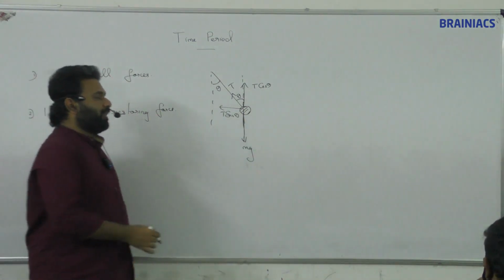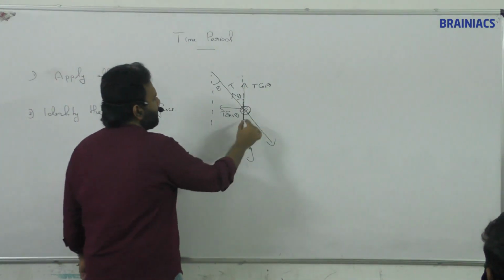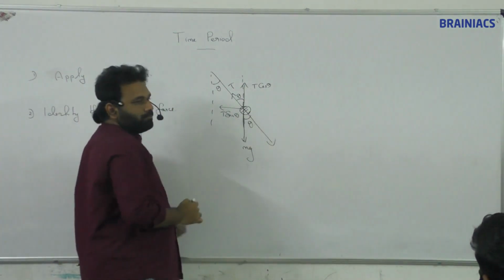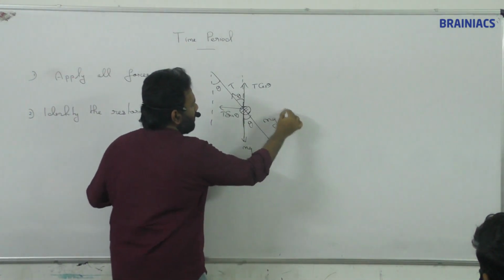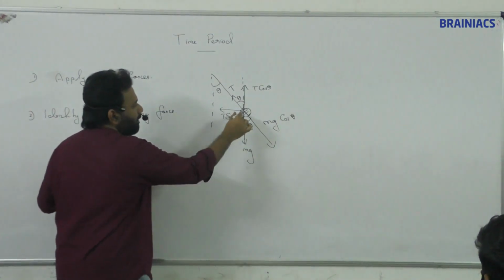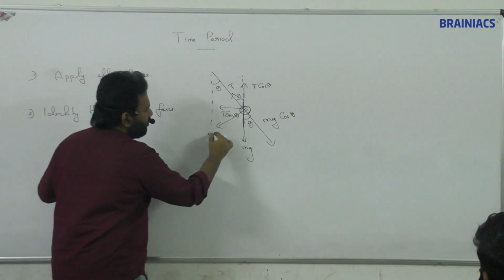Now suppose we resolve this Mg, if theta, this is going to be Mg cos theta, and if we draw this component, this is going to be Mg sin theta.